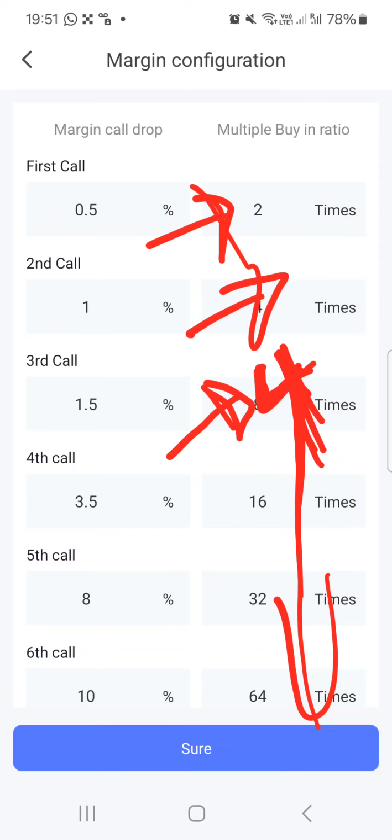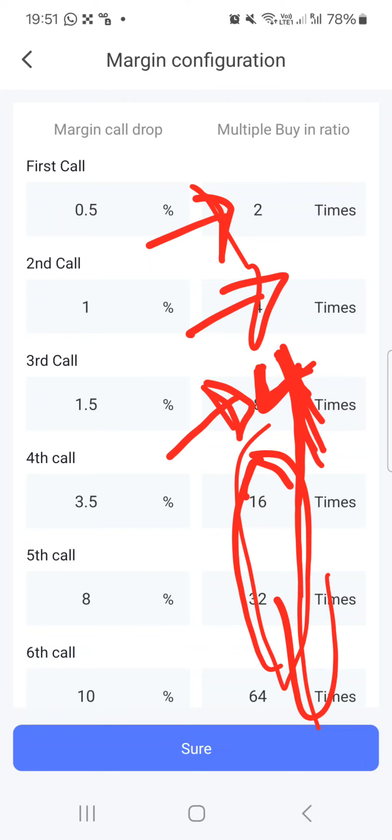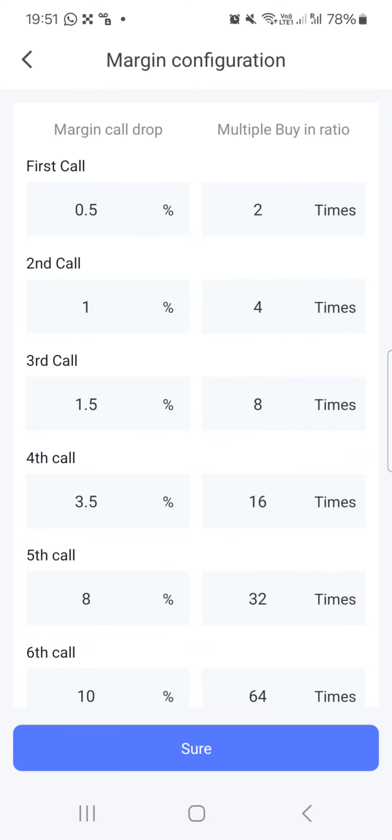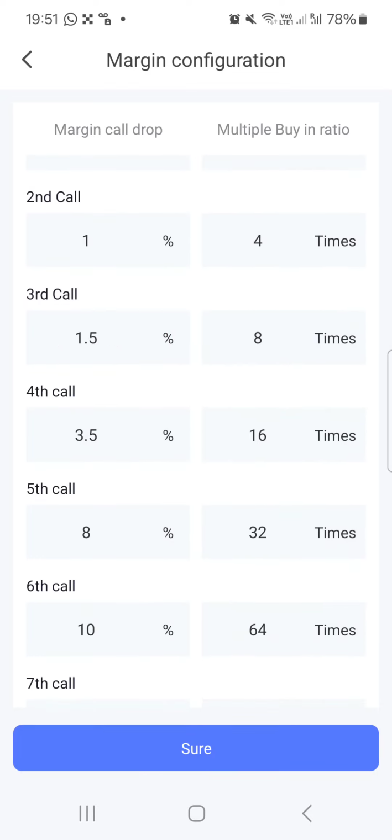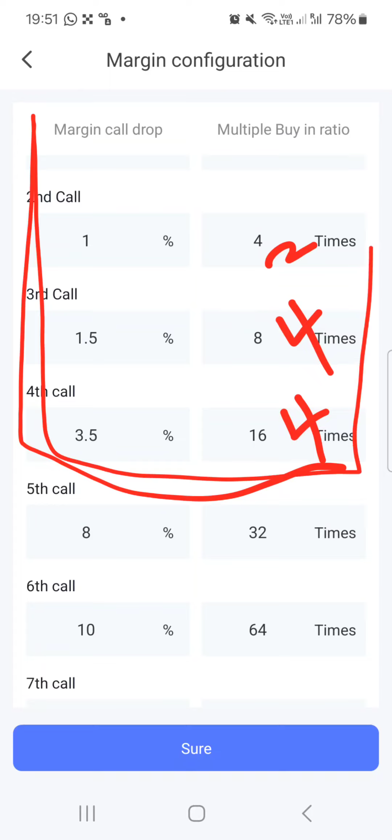Then maybe put in less here. Here you put 2 times, here 2 times, you put 4 times here, and another 4 times here, so that your money goes into the first 4 calls at least.